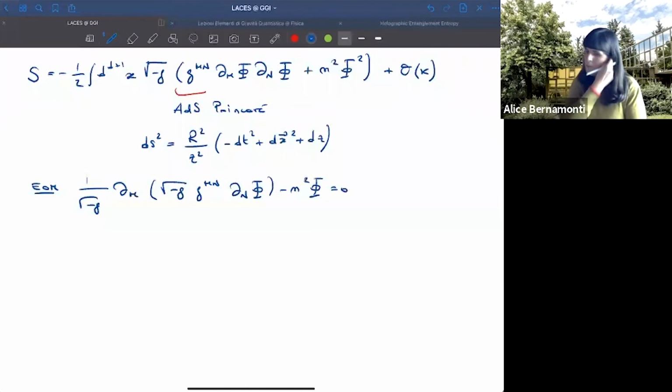And so, exploiting translational invariance in the x direction, we can make the following Fourier transform ansatz for the field phi. So we write phi of z and x.